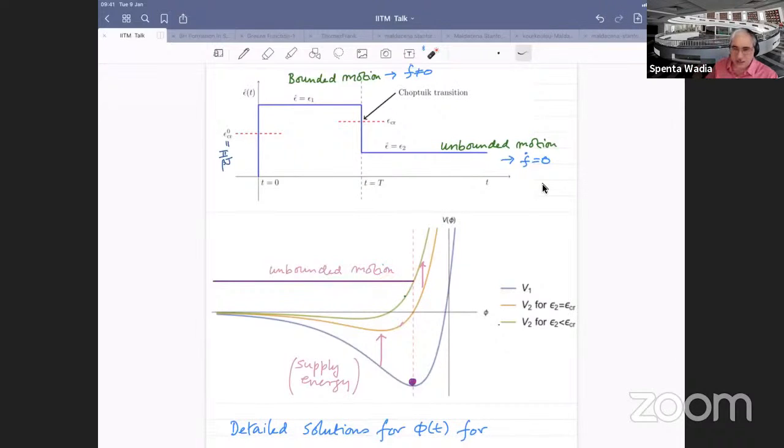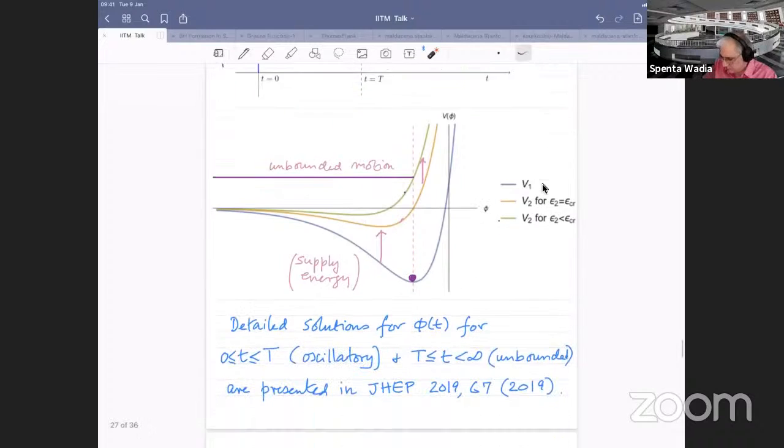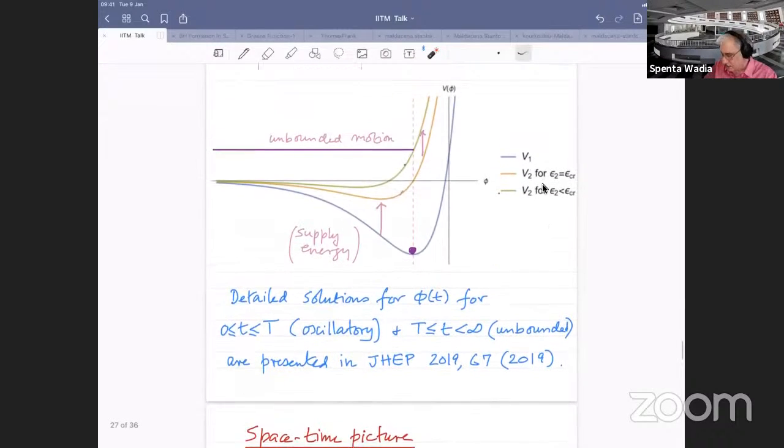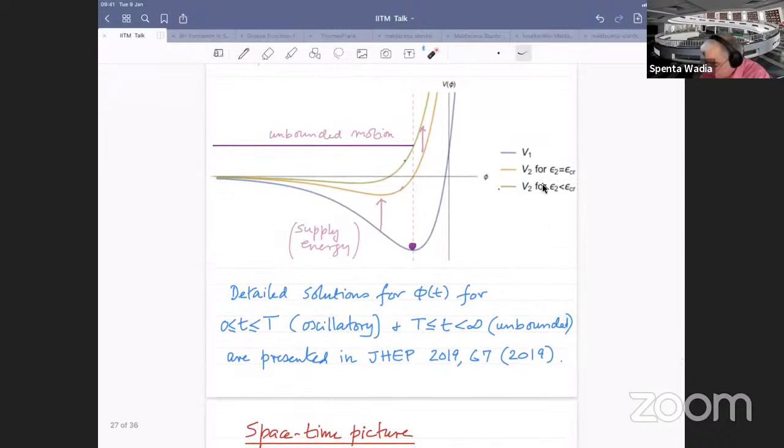So this is the idea. It's a very simple point, actually, if you think about it, because there's a huge formalism that brings you down to simple undergraduate physics. And the detailed solutions of all this are worked out in our paper. You can do everything explicitly and exactly.